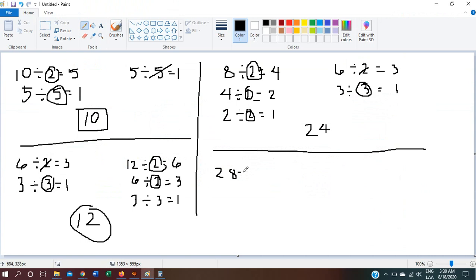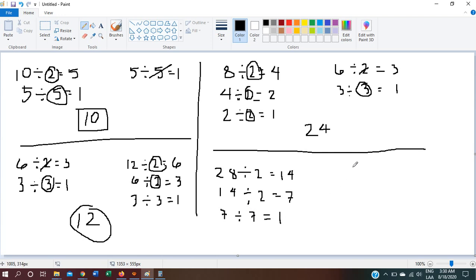28 divided by 2 equals 14. 14 divided by 2 equals 7. 7 divided by 7, because it is a prime number, equals 1.